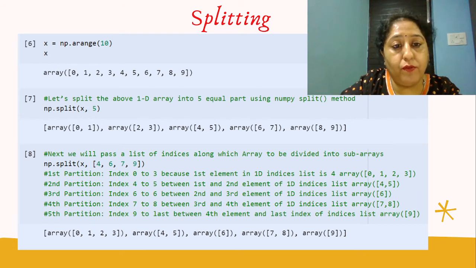So the output will be the first array with values 0, 1, the second array with values 2, 3, and so on till the array having values 8, 9. So here you have the splitting of the array into equal parts.